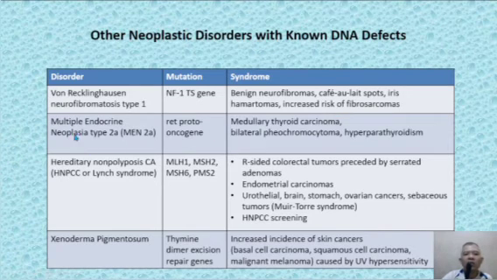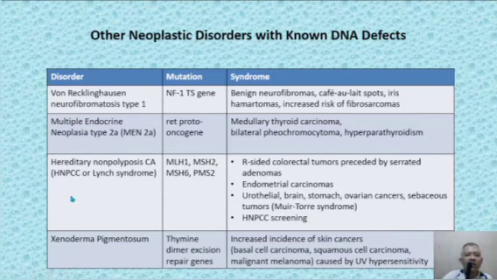Multiple endocrine neoplasia: mutation of the RET proto-oncogene, leading to carcinoma in the thyroid, parathyroid, and pheochromocytoma.